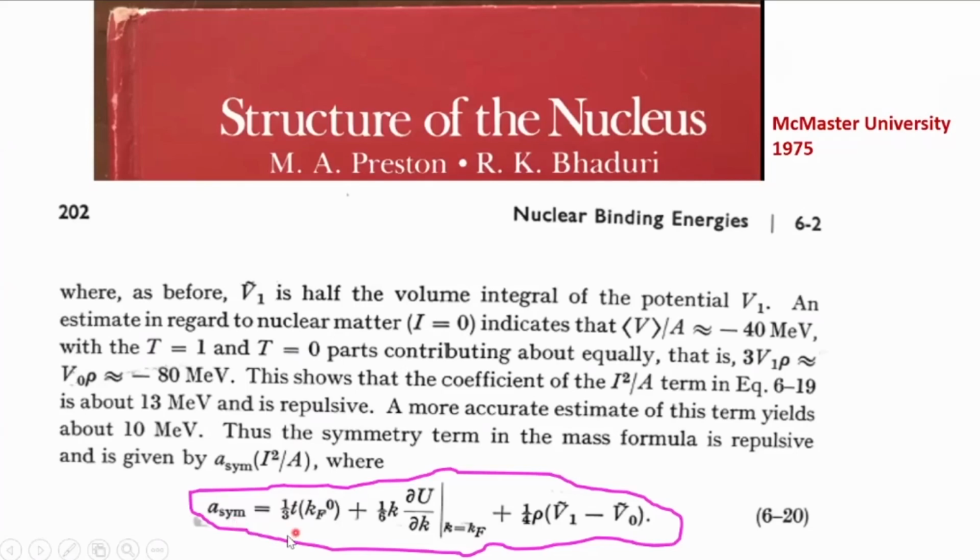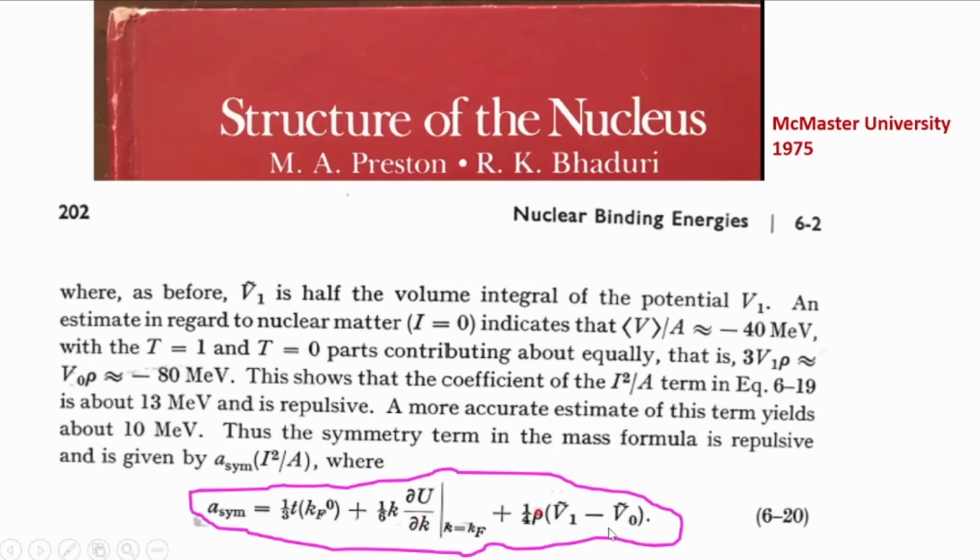You see that here, it tells you that there is a kinetic contribution. There's 1/3 of the Fermi energy coming from the fact that the neutrons and protons have different Fermi surfaces. So this part gives you 1/3 of the Fermi energy. The magnitude is about 12 MeV. Now, if your potential has a momentum dependence, and neutrons and protons have different Fermi surfaces, that potential will contribute to the symmetry energy by this amount here.